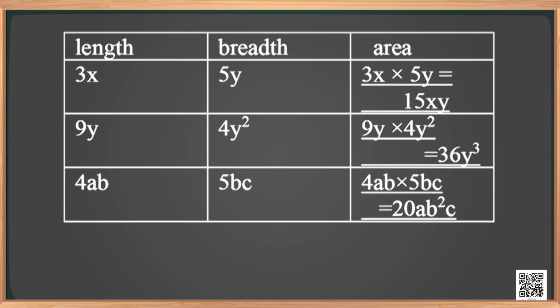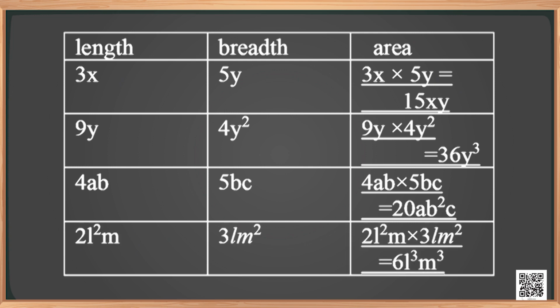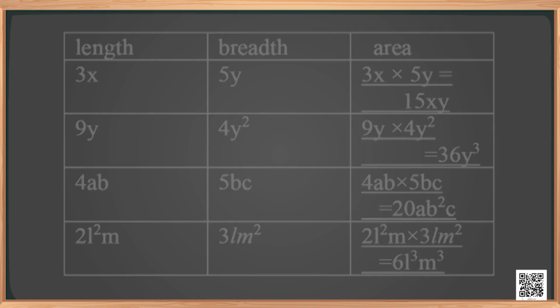In the third case, the area of the rectangle is 4ab into 5bc, which is equal to 20ab square c. Coming to the last case, the area of the rectangle is equal to 2l square m into 3lm square, which is equal to 6l cube m cube.